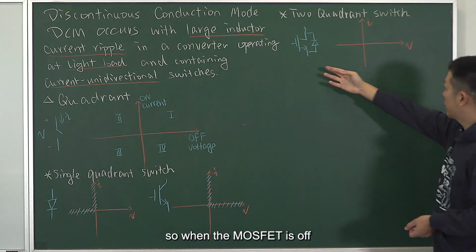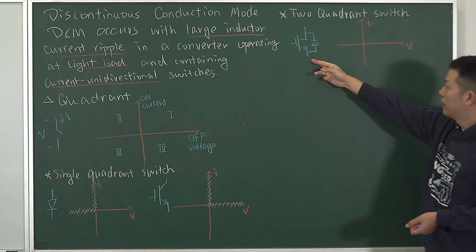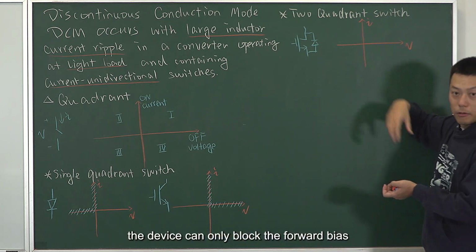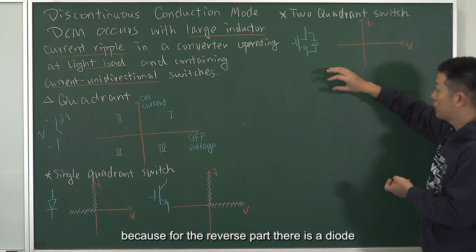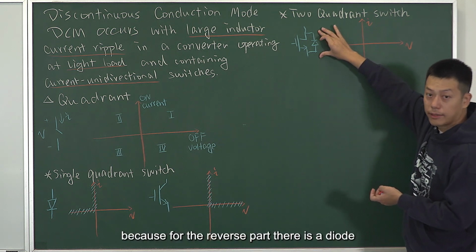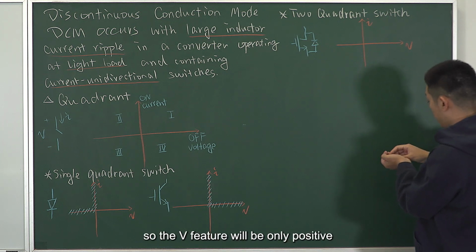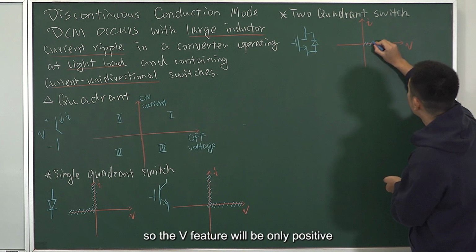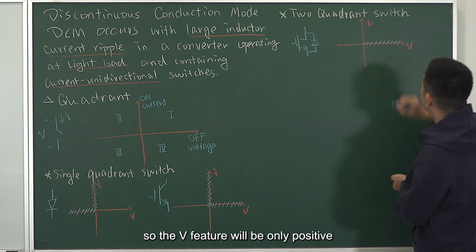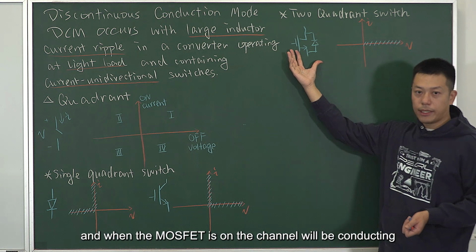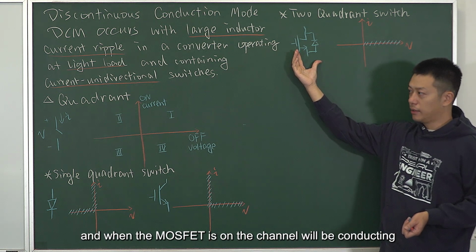When the MOSFET is off, the device can only block the forward bias, because for the reverse part, there is a diode which will pass the current. So the V feature will be only positive. And when the MOSFET is on, the channel will be conducting.